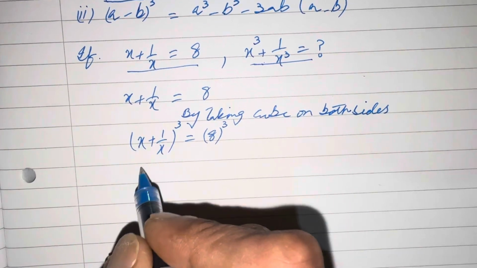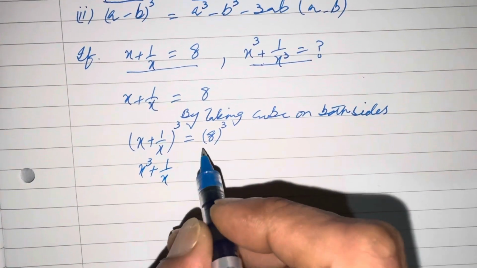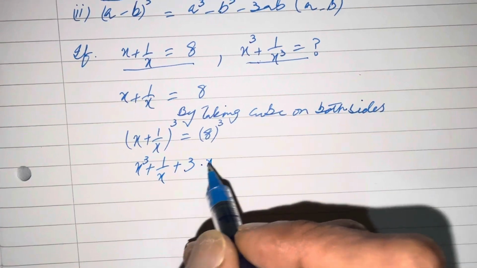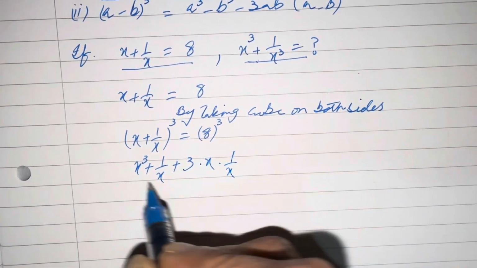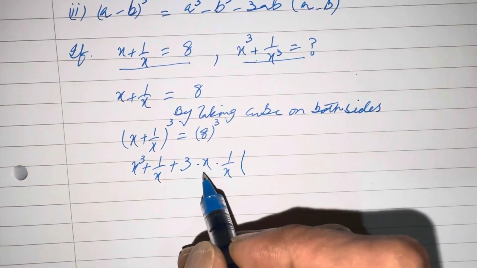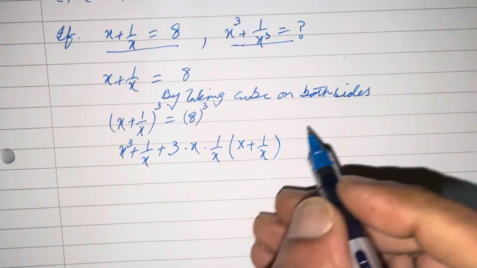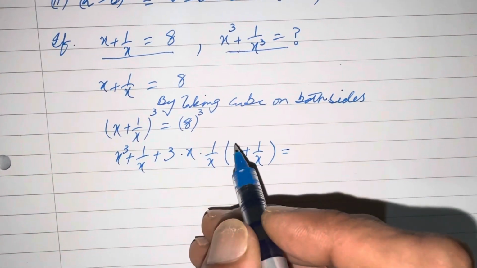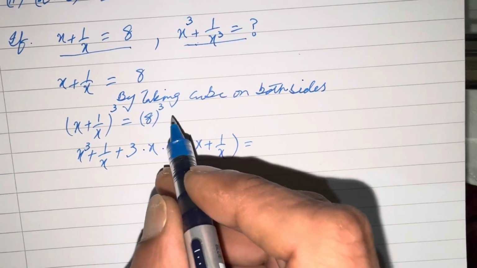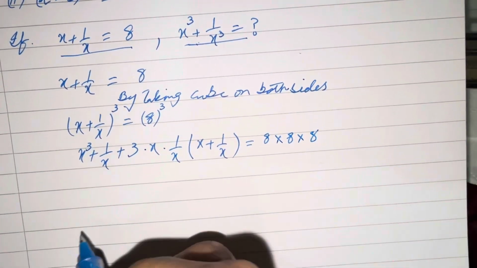The cube of first plus cube of second plus 3 into first into second. फर्स्ट यहाँ पे x है, सेकंड यहाँ पे 1/x है, into first plus second. And this 8 cube means that 8 is multiplied by 3 times, so 8 multiplied by 8 multiplied by 8.